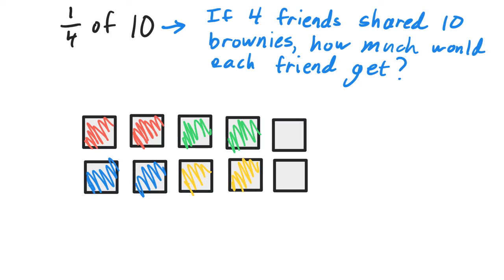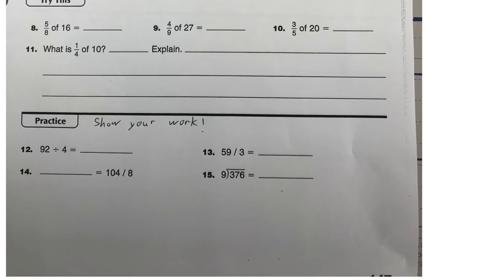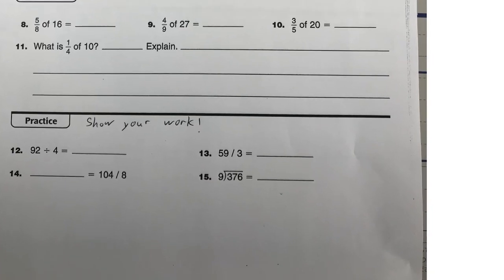But then we have 2 brownies left and 4 people. So how would you split up those 2 brownies? You probably need to chop them into pieces, and then everybody's getting a piece of the brownie. So if we look again at the question, your answer is going to be everyone's getting 2, and you also need to have a fraction there.